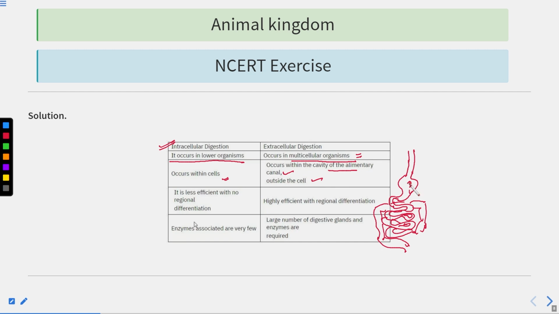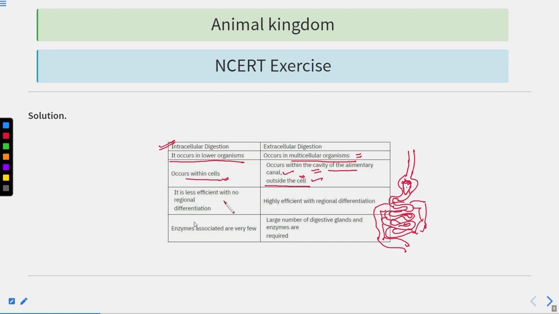The food is there, and the digestive juices are secreted by the stomach wall into its cavity, and the food is not going inside the cell. The enzymes are secreted in the cavity of the stomach. So the food is digested here, it is not digested inside the cell, right? That's why it is written outside the cell. It occurs within the cavity of the alimentary canal, outside the cell, whereas the other occurs within the cell.